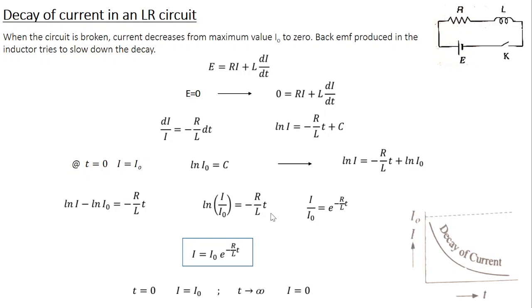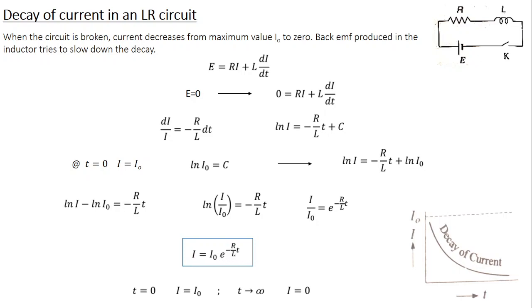Take exponential on either side, exponential and logarithm get cancelled. So on left hand side you have I divided by I naught equal to e to the power minus R by L into t, or the instantaneous value of current I equal to I naught e to the power minus R by L into t. So this is the value of current as a function of time.